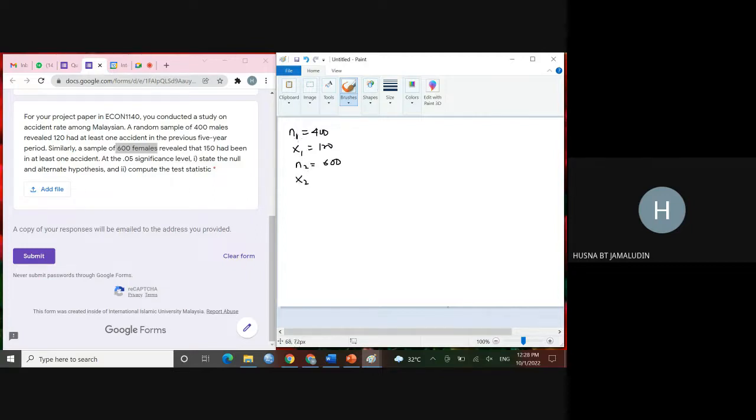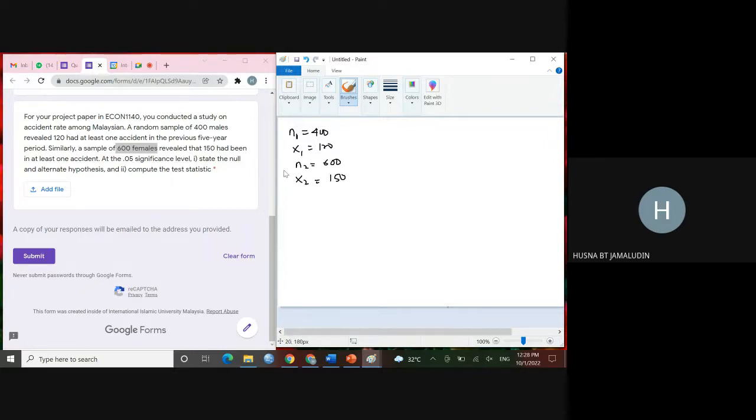Or if you want to make your life difficult, you can write n for male, x for male. It will be time consuming. Just put n1, x1, and so on. So x2, and reveal that 150 had been in at least one accident. So this should be your x2, 150. What else?